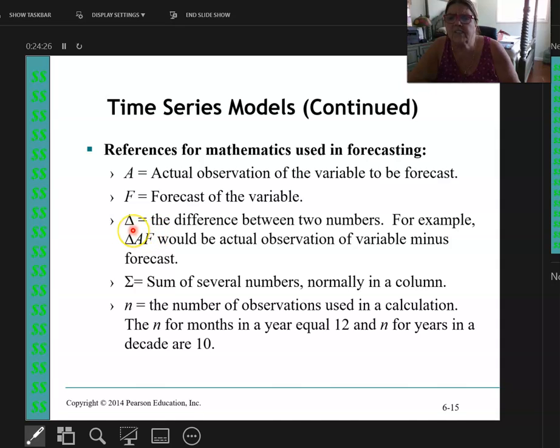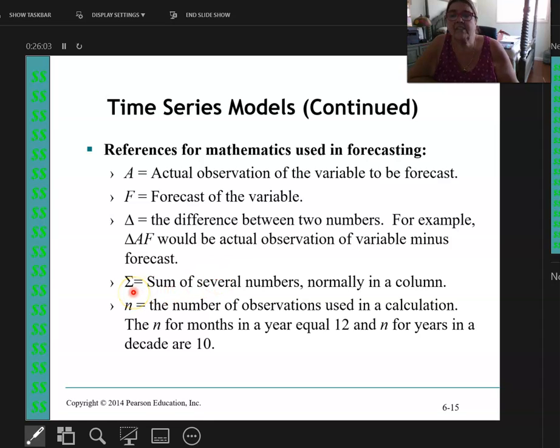There's a name for this one, but I forgot it, so don't worry about it. The difference between A and F is what was the actual minus the forecast.